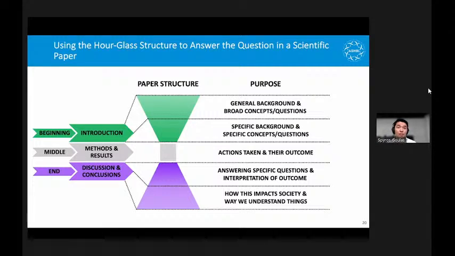Based on this structure, you can see that the top and bottom halves of this structure are linked in that the question you pose in the introduction should be answered in the discussion. And therefore, when one thinks about the storyline of a scientific paper, beginning and end are actually connected.